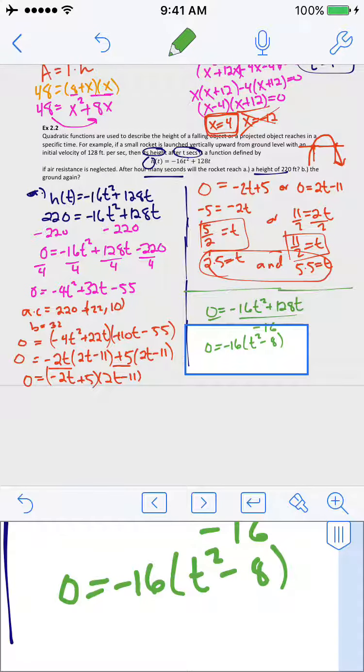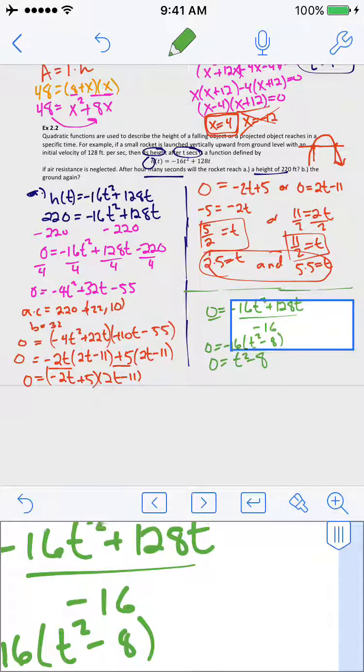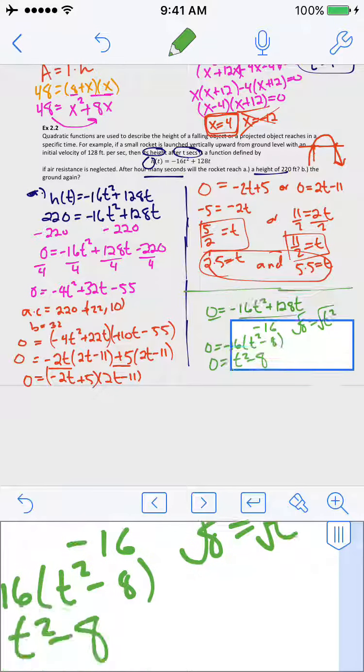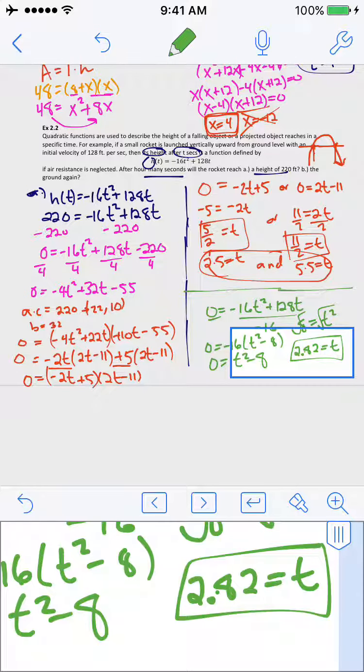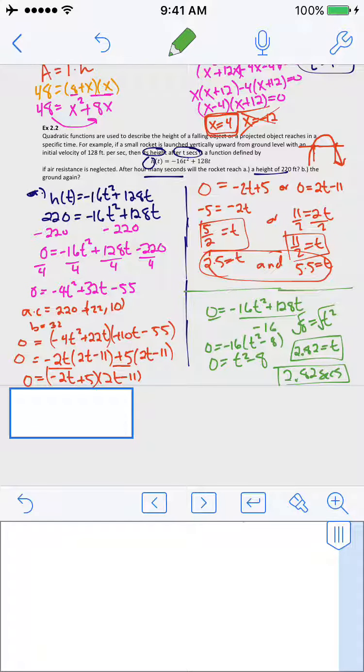And we end up getting 0 is equal to t squared minus 8 when we divide 16 to both sides. So 8 is equal to t squared. Take the square root. Square root of 8 is about 2.82 seconds. And so our final answer is 2.82 seconds until it reaches the ground again.